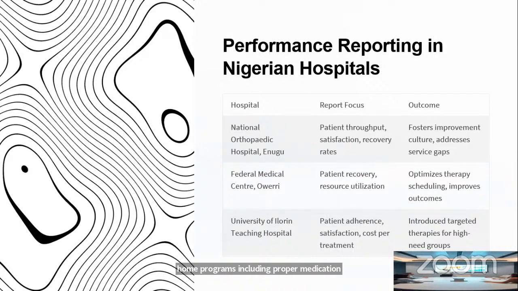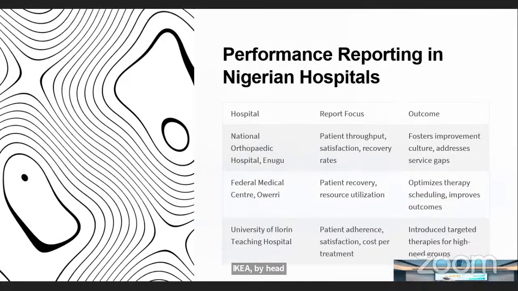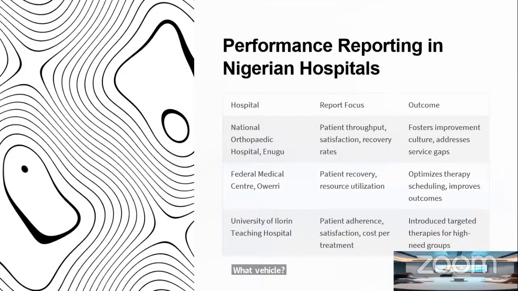They also look at how well the clients are satisfied and how much they charge by care, by head. And because of that, they conclusively came up with what they call targeted therapies for the group that are in higher demand. Of course, these groups are the vulnerable groups in the society, the poor and the less privileged.